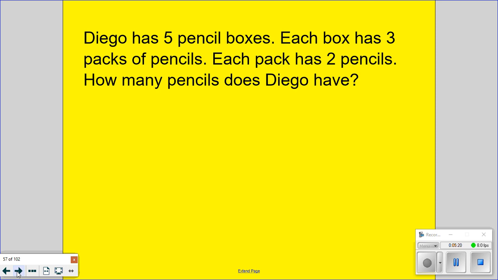What am I counting in this problem? Keegan, what am I counting? Oh, I'm not counting pencil boxes. Look at your question.